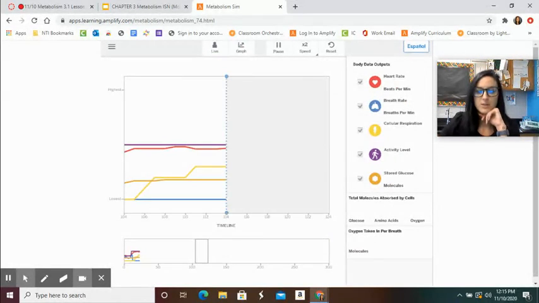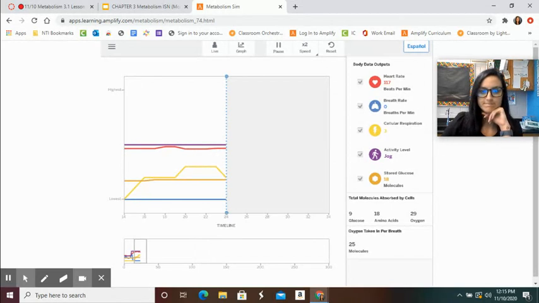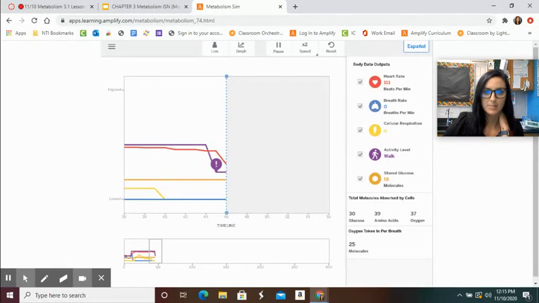And remember, we are looking for when they stop jogging. And it's already happened. And so we can see that's at about 45.